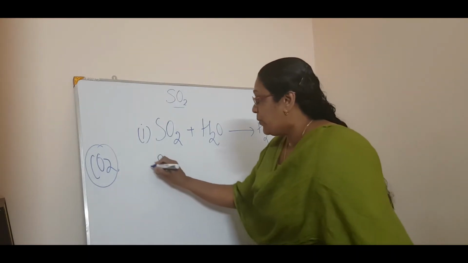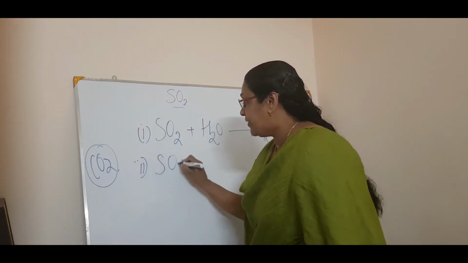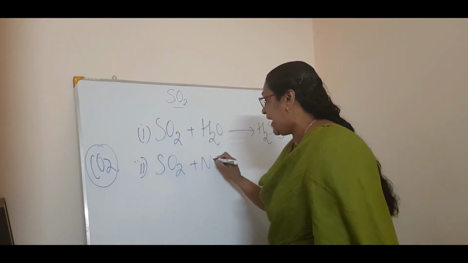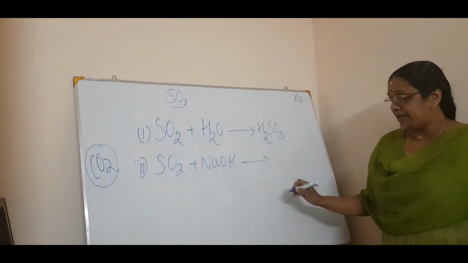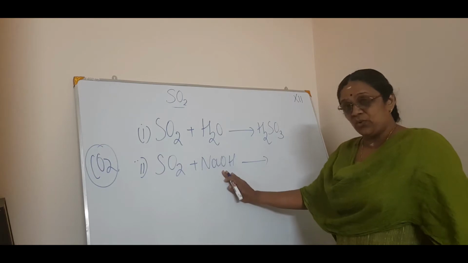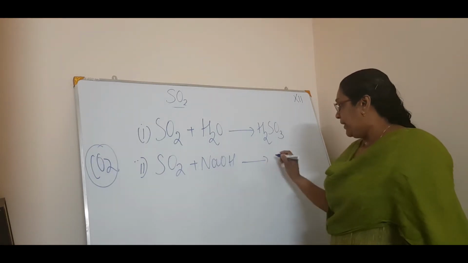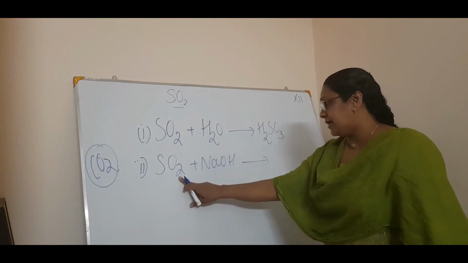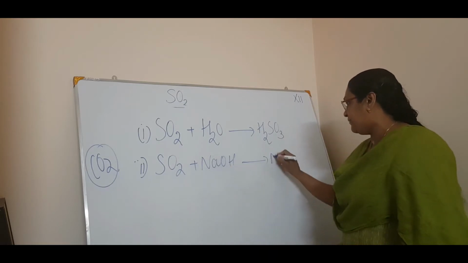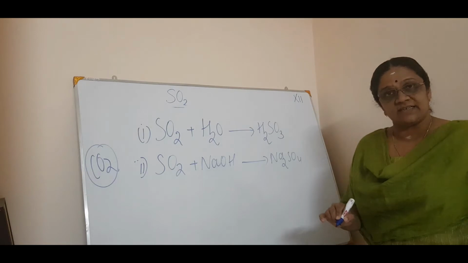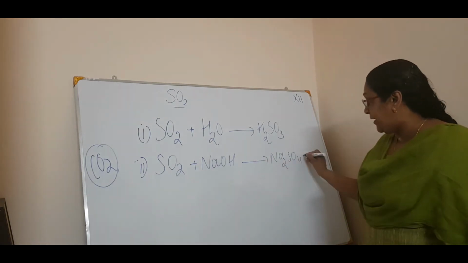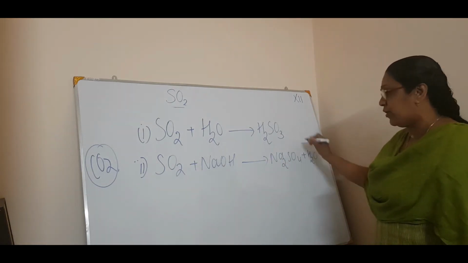In the second reaction, sulfur dioxide is treated with NaOH, caustic soda, sodium hydroxide. Sulfur dioxide plus sodium hydroxide will give you Na2SO4, sodium sulfate, plus water. Listen carefully.